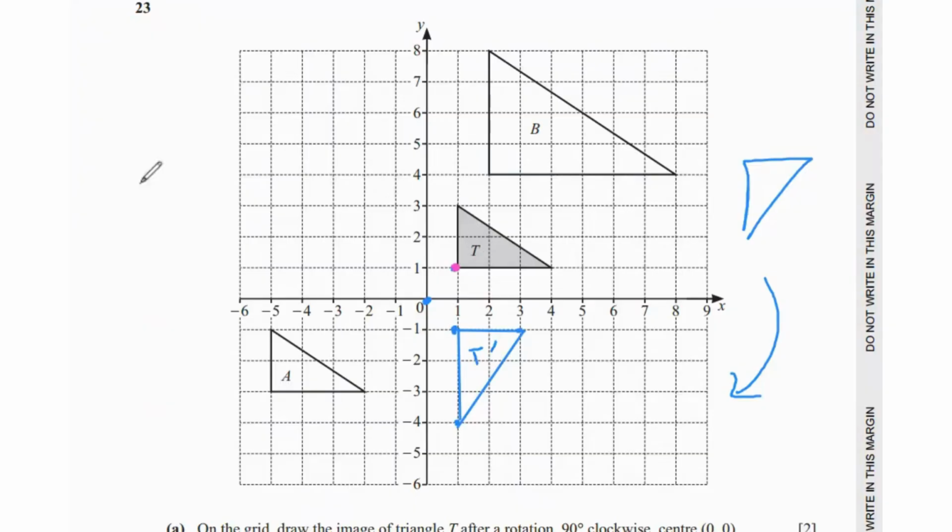However, if we take this point over here, this is 1 horizontally, 3 vertically. Now it's 1 vertically and 3 horizontally. For this one, that's 1 vertically, 4 horizontally. Now it's 1 horizontally and 4 vertically. So as you can see, you can swap the horizontal and vertical distance of each point from the center, and then that gives you the image of the shape after a rotation of 90 degrees.